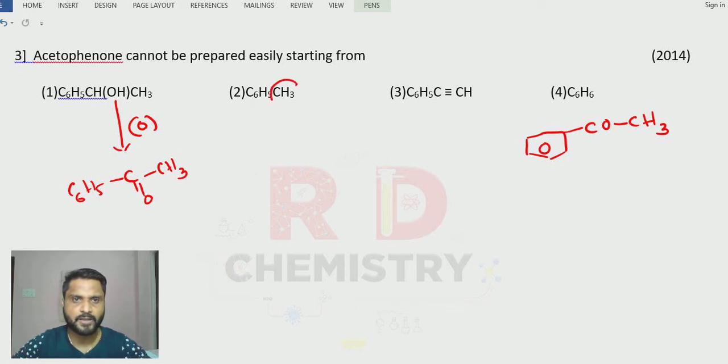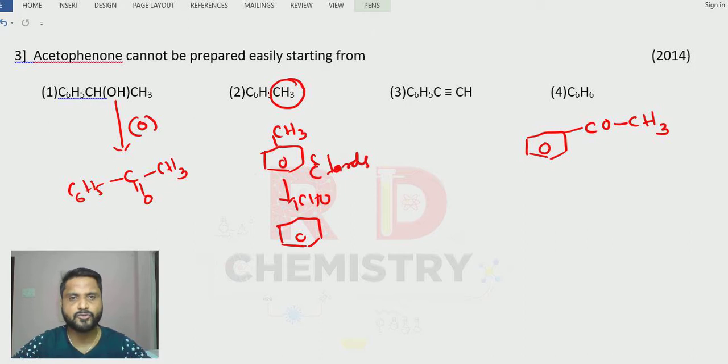So we have got here the toluene. With the toluene we can convert into benzaldehyde easily, using Etard's reaction, but not acetophenone.